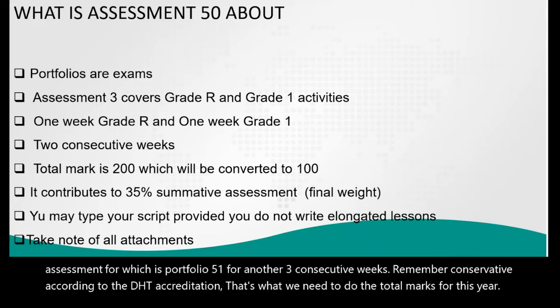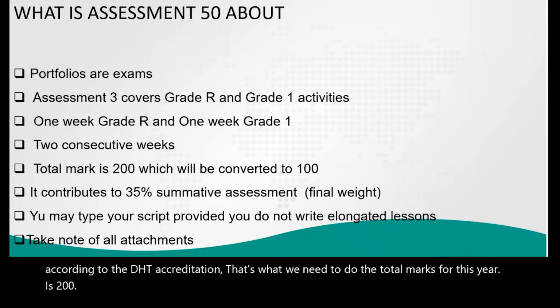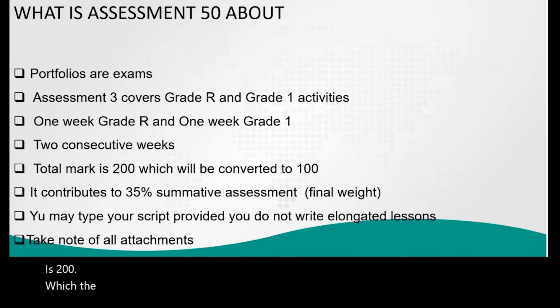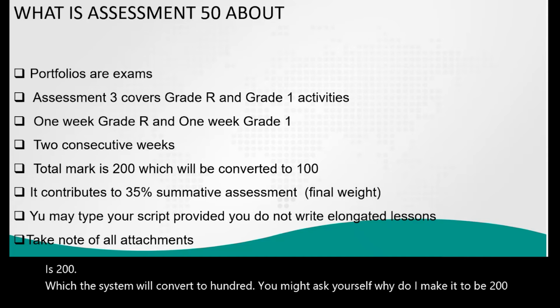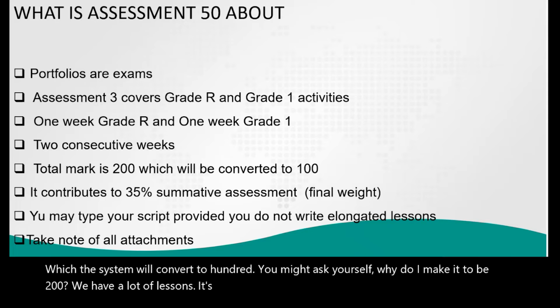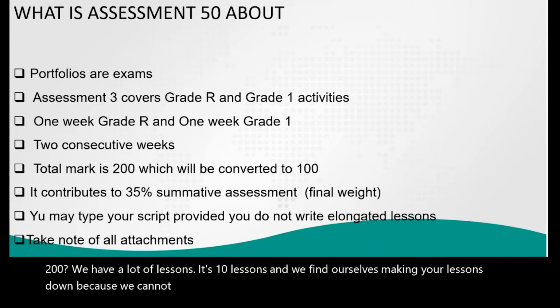The total marks for this year is 200, which the system will convert to 100. You might ask yourself, why do I make it 200? We have a lot of lessons. It's 10 lessons, and we find ourselves marking your lessons down because we cannot accommodate all areas.